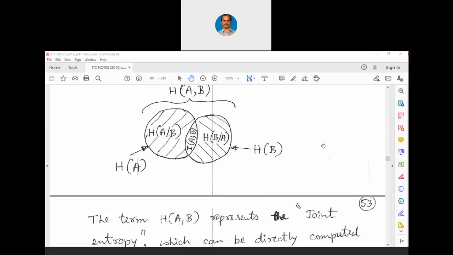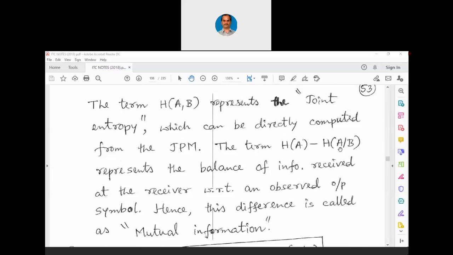Now with this basic recap, let me continue further. I'll quickly go through these things which I had already covered in the last class. The term H(A,B) represents the joint entropy, which can be directly computed from the joint probability matrix. The term H(A) minus H(A/B) represents the balance of information received at the receiver with respect to an observed output symbol.